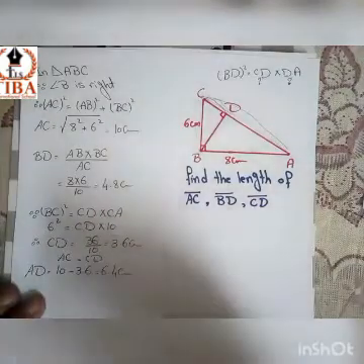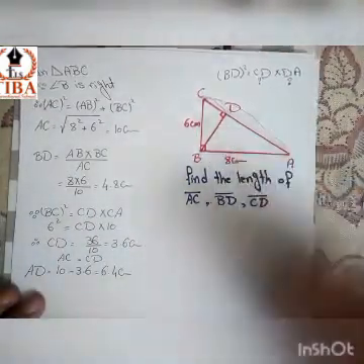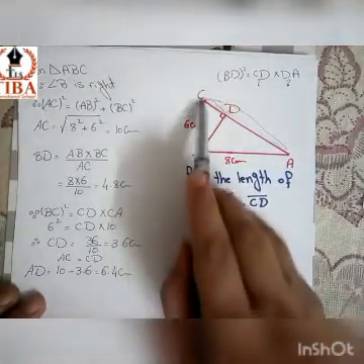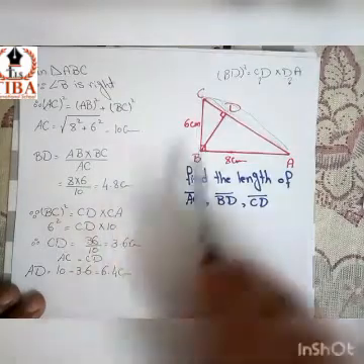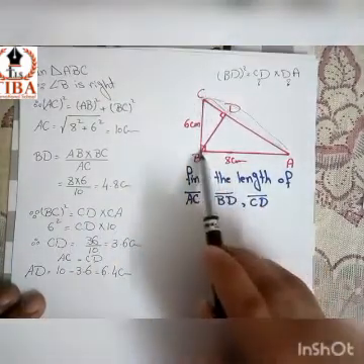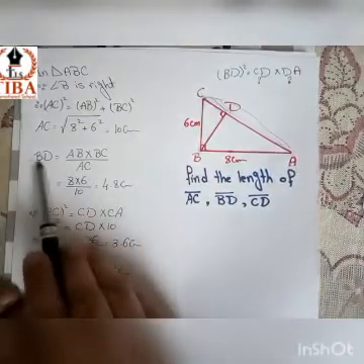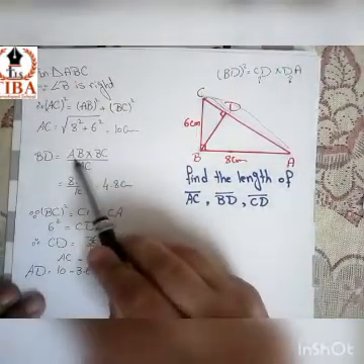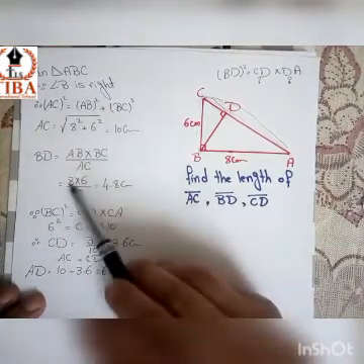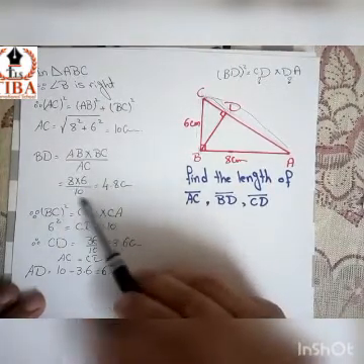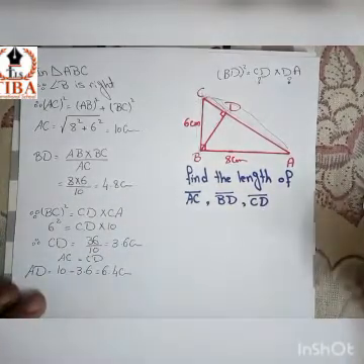So we use the second rule: BD equals the two sides of the right angle, BC times BA, over the hypotenuse AC. So BD equals AB times BC over AC, which equals 8 times 6 over 10, which equals 4.8 centimeters.